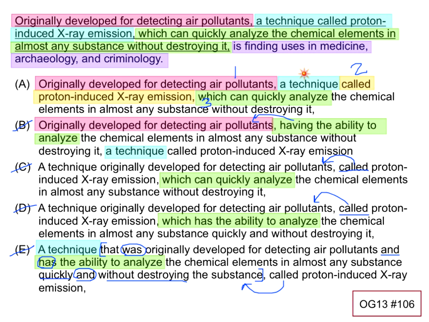Oh, and good question. So Rahul's asking, what about the with and without destroying the substance? Okay, so over here, what's going on in E, if you go and read their explanation, they basically call this awkward. And what they're basically saying is there's too many modifiers all jammed together between these two brackets that I put right here.